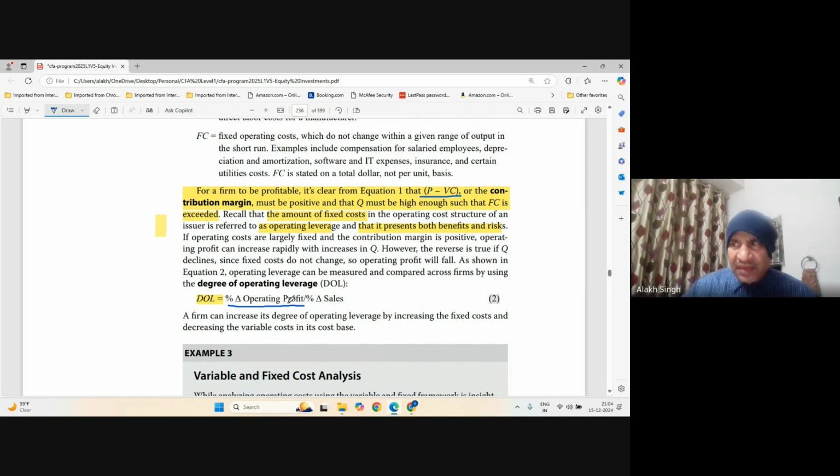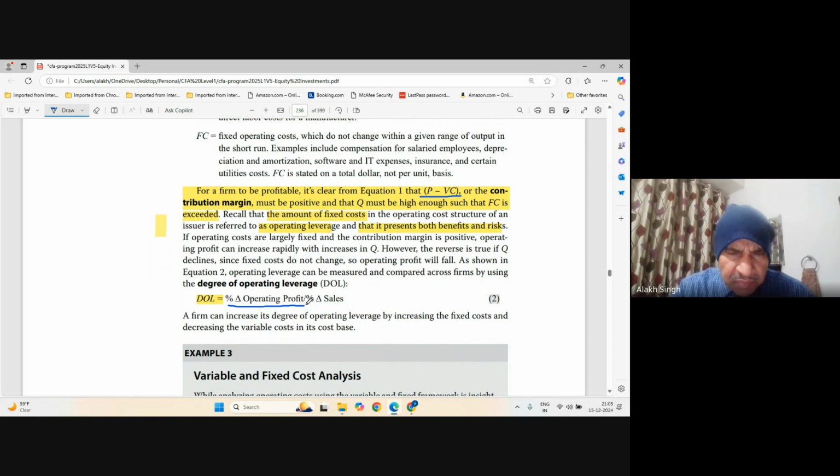Then only we can find change. Otherwise, what was operating profit in quarter one, then operating profit in quarter two, and what was the percentage change in operating profit? Means if it was 20 in the first quarter, in the second quarter it became 22, then percentage change was 10%. Means 22 by 20 minus 1.